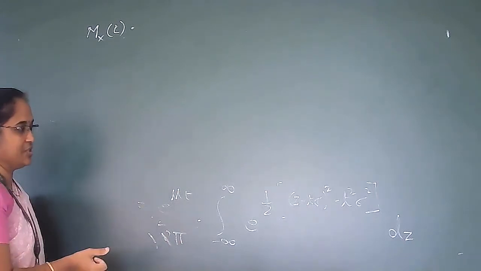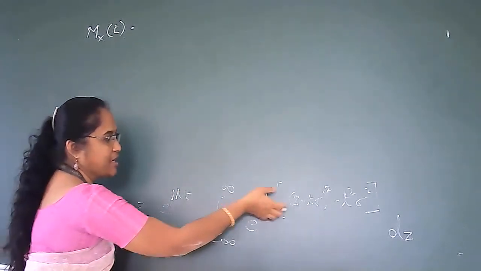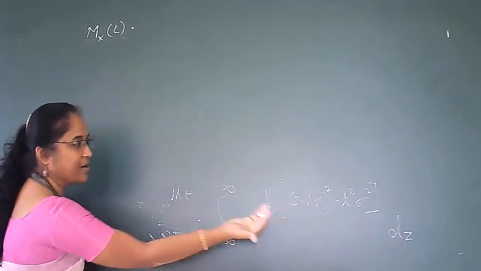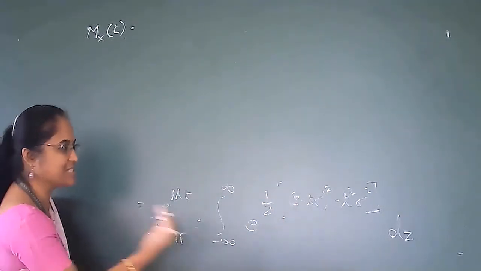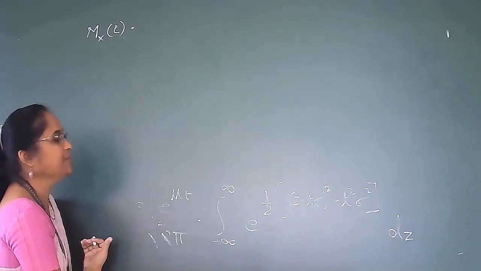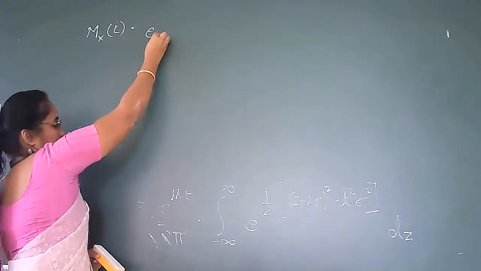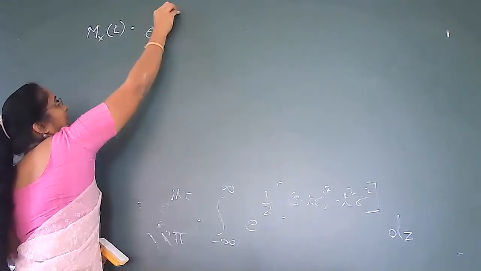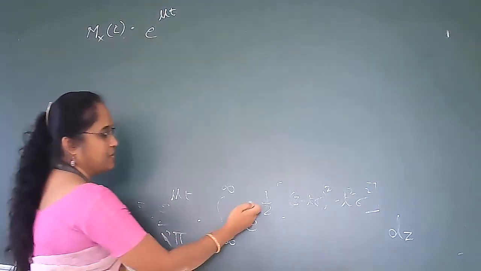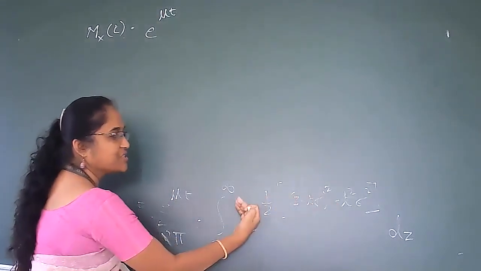This is a constant, and as I said to you, I'm going to take this t square sigma square outside the bracket because it doesn't have a z term in it. And so what am I left with? I'll be left with e raised to mu t. This is a minus sign, minus into minus makes it plus.